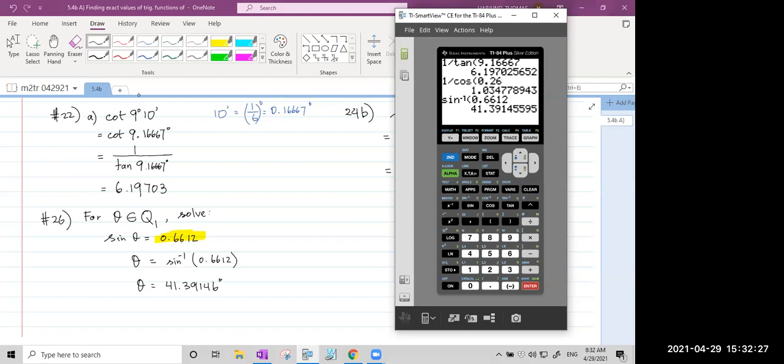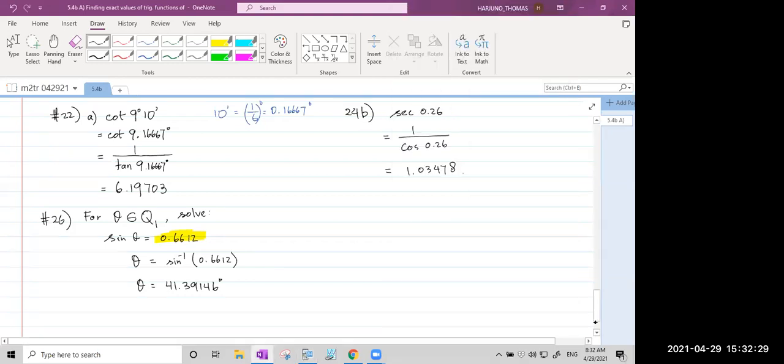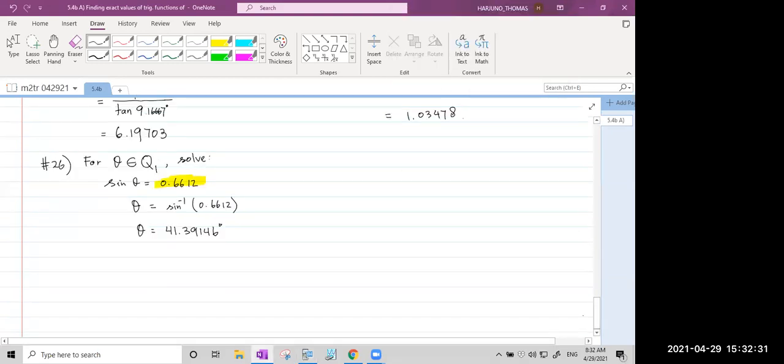By the way, in case it is needed, how do we change this into DMS style, degrees, minutes, seconds? We did that before. Let's remind ourselves. This is equal to 41 degrees plus 0.39146 degrees times 60 minutes over 1 degree.